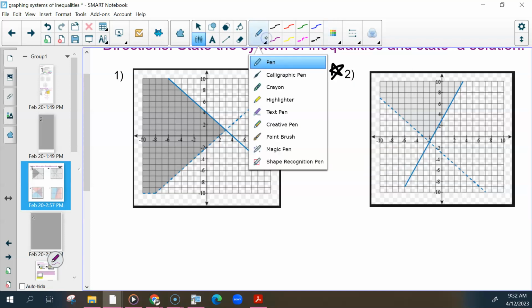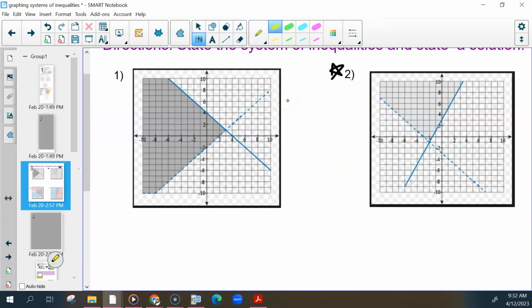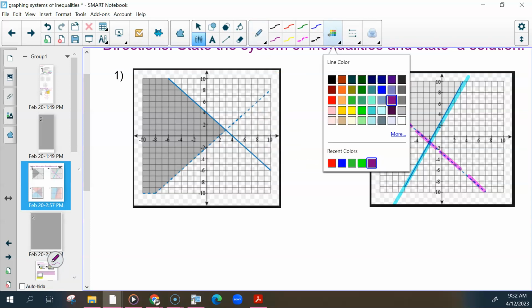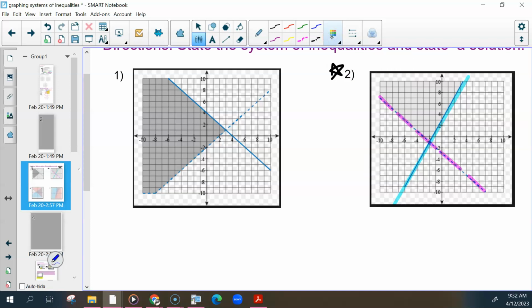I'm going to highlight these so we can kind of tell the difference. Blue one's easier, so let's do that one first. What is the y-intercept of this line?